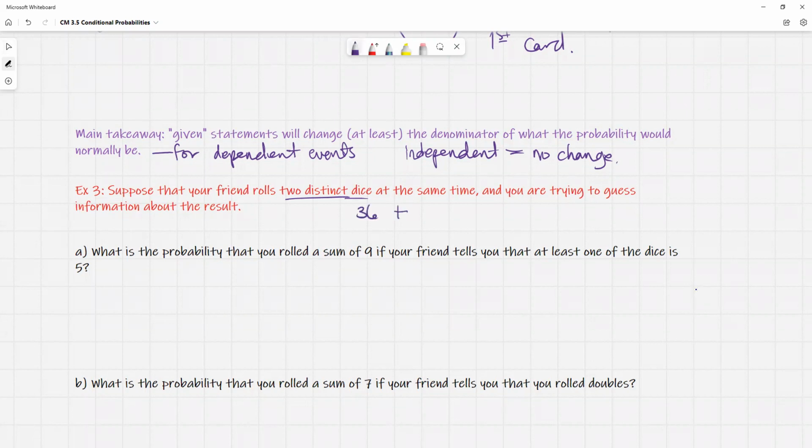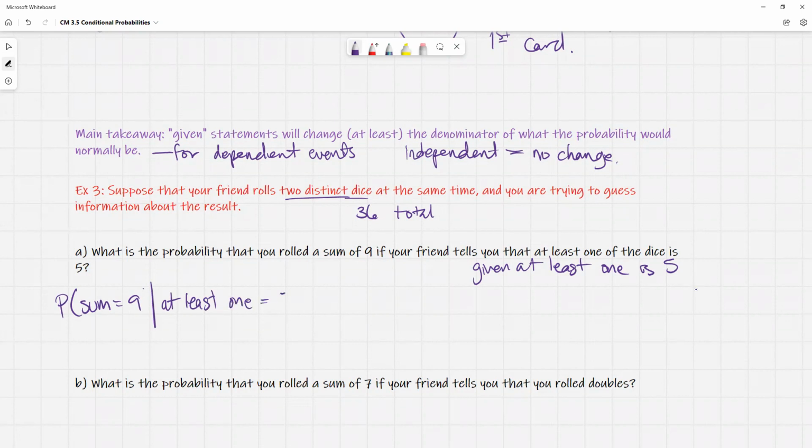That might change based on the given statement: given at least one die is 5.